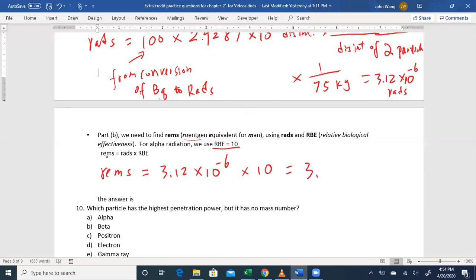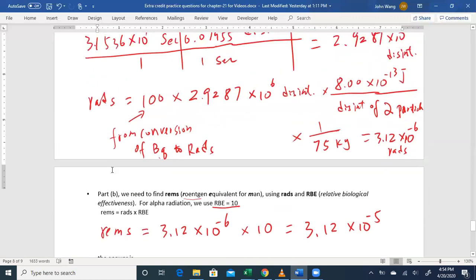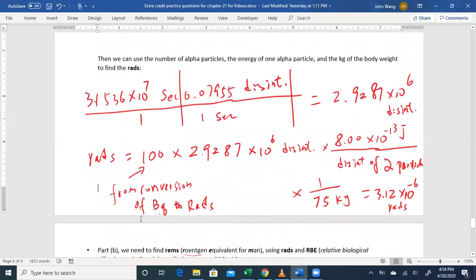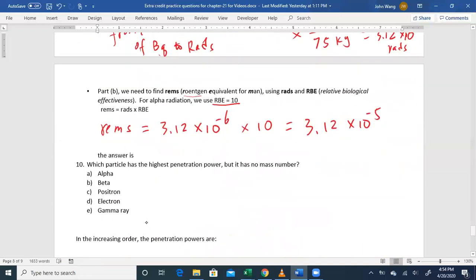Therefore we get 3.12 times 10 to the negative 5. So you compare all those, the answer is negative 6, negative 5, 3.12, so it's D. Okay, so the answer is D.